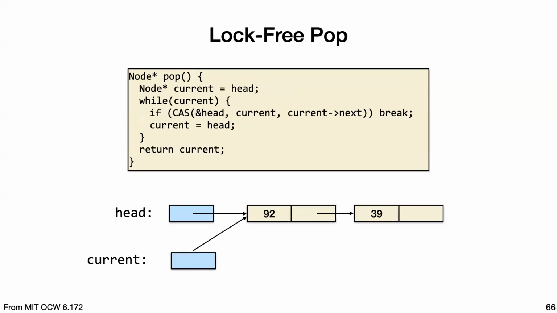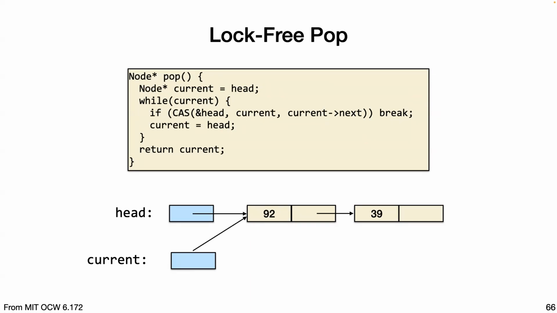And so if you want to pop, you set current, which is some temporary variable, equal to head. Then you're trying to set head equal to head next. So you set current equal to head, and you're trying to swap this head for head next.